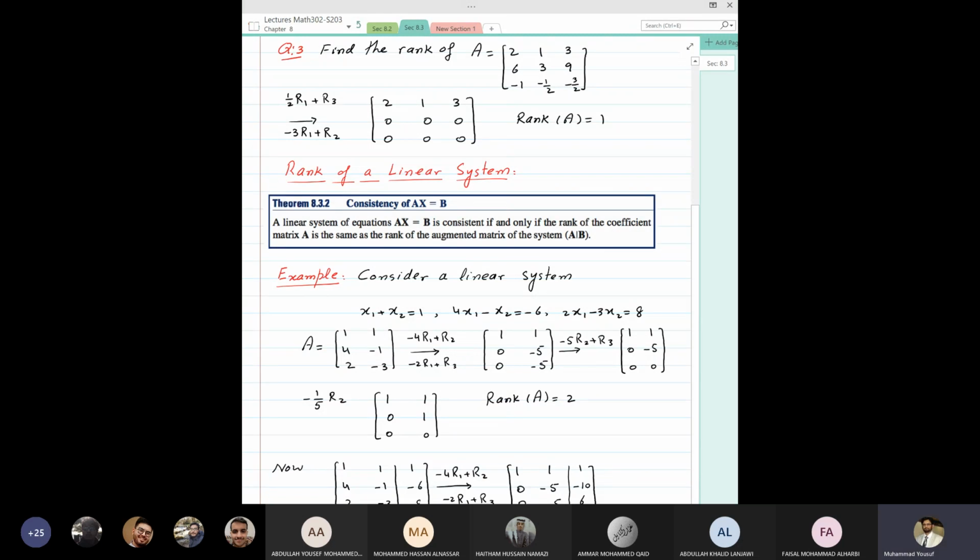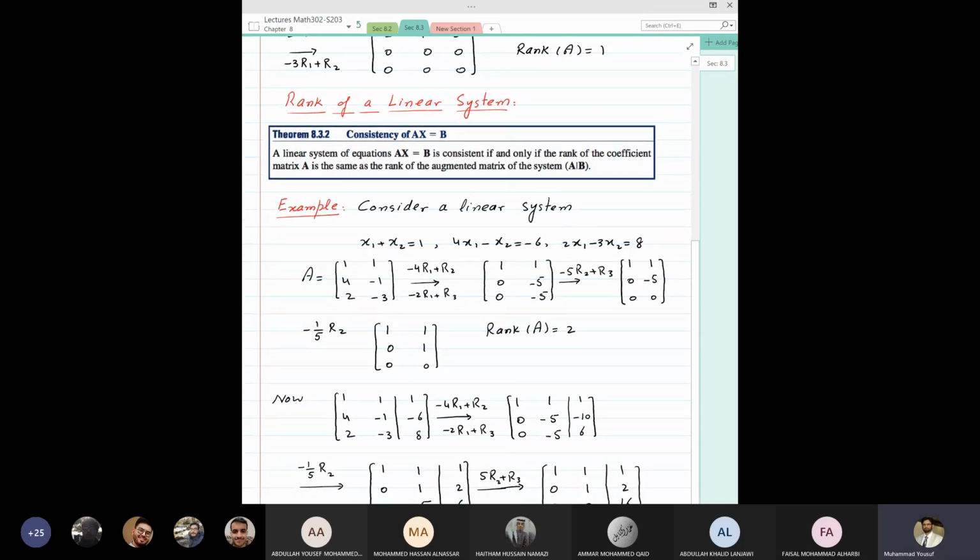To explain this, here I'm showing you this example. X1 plus X2 equal to 1, 4X1 minus X2 equal to negative 6, 2X1 minus 3X2 equal to 8. When I put it in matrix form and apply row operations, I get a matrix in echelon form, and that is telling me the rank is 2.